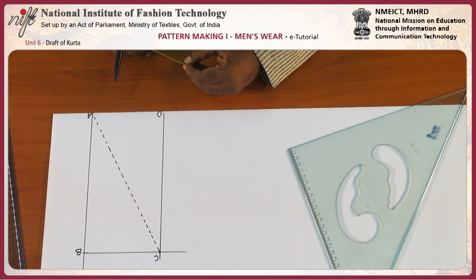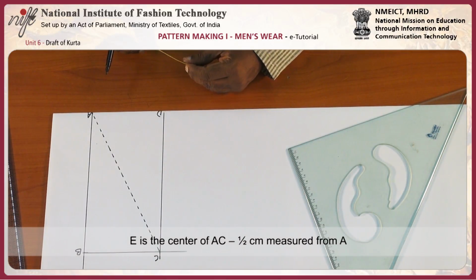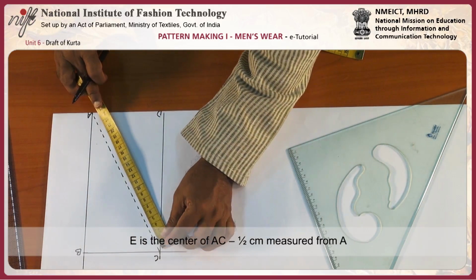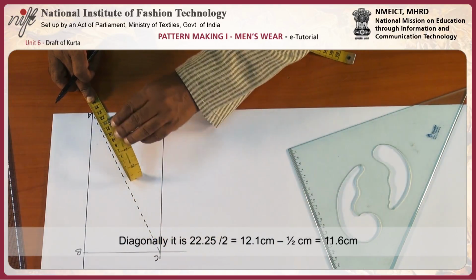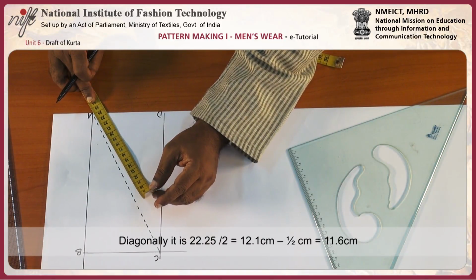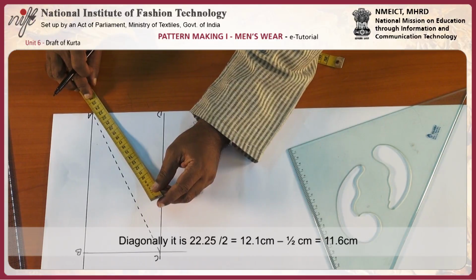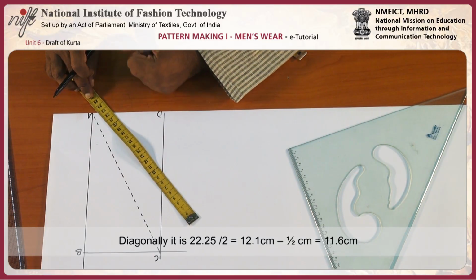Now, point E is the center of AC minus half centimeter, measured from point A. So diagonally it is 22.25, half of 22.25 is 12.1 centimeter minus half centimeter will be 11.6 centimeter.